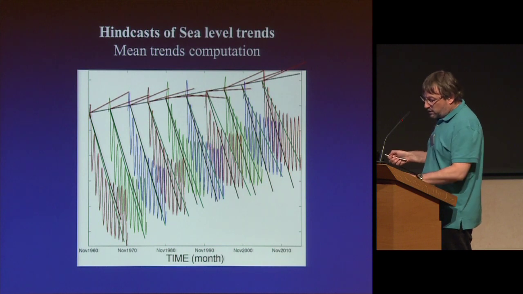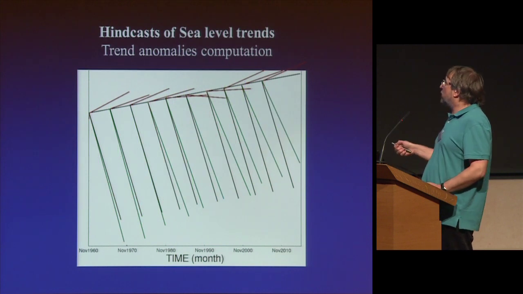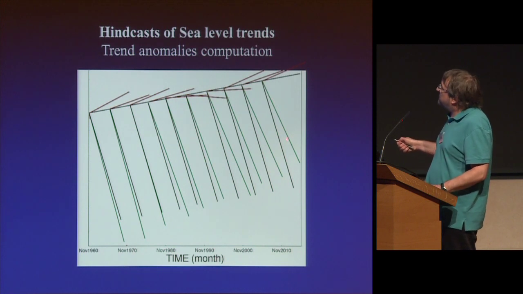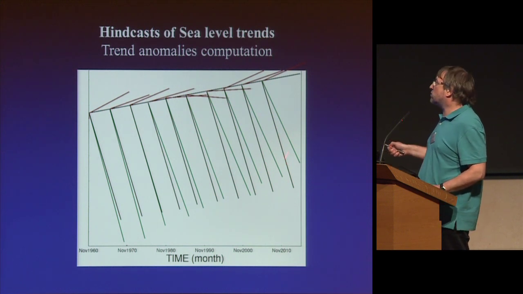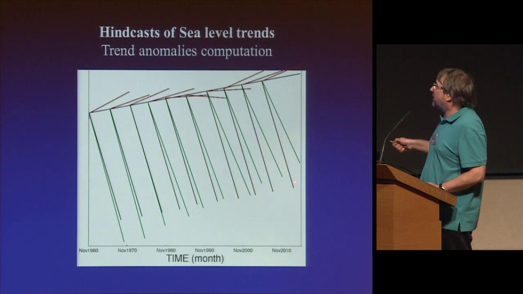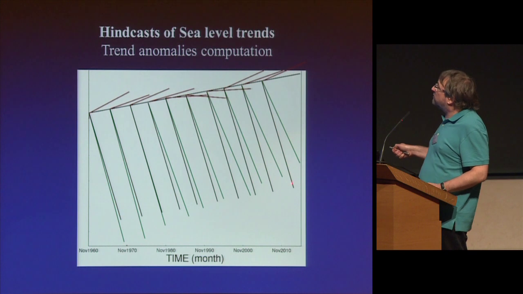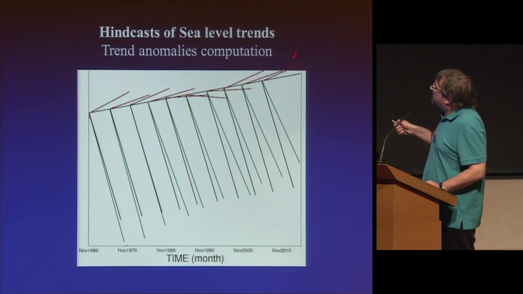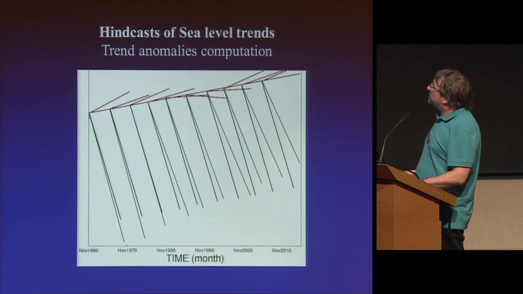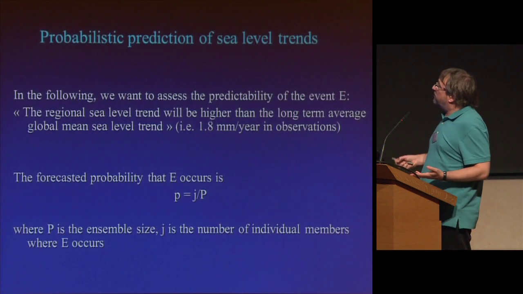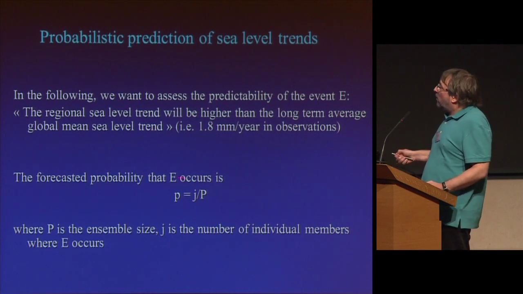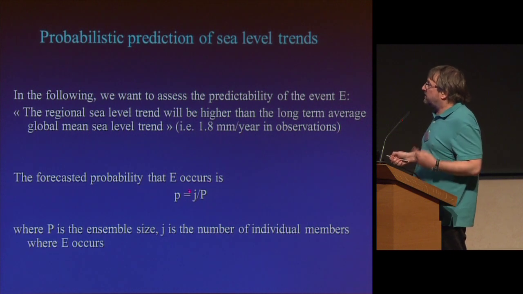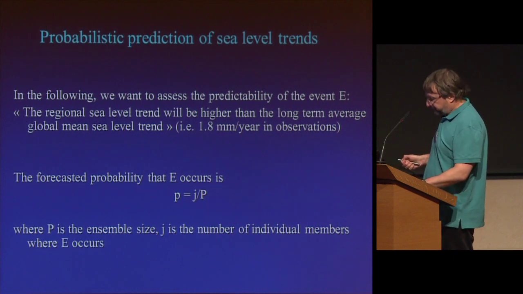So you can compute the mean trend, which is in black here, and you can look at each forecast whether it is above the mean trend both in the forecast and in the observation. And since we have ensembles of forecasts, we can see how much of the forecasts are above the mean trend of the model, and compare whether this appears in the observations. So this is the basis for probabilistic prediction. You have to count the number of cases where the event that you want to predict is present in the forecast.